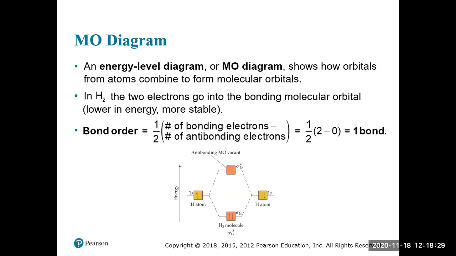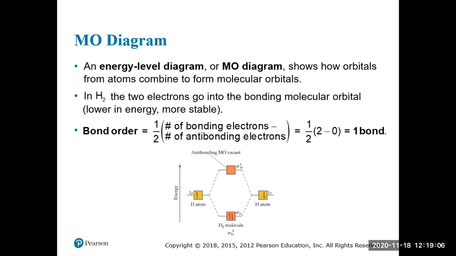As we said before, we have 1 electron from one of the hydrogen atoms, and another electron, opposite spin, from the other hydrogen atom. We draw the molecular orbitals in the middle. Down below is the bonding, above is the anti-bonding. We fill in those orbitals just as we would fill in any orbitals, 2 at a time.